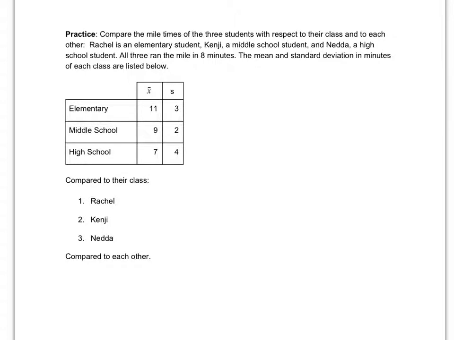Okay, so now let's compare each of these 3 to their class. Rachel ran 8 minutes. If we look at the elementary students, she ran faster than the mean. So we could say that Rachel is faster than average for her class, because 11 is greater than 8. So her time was faster.